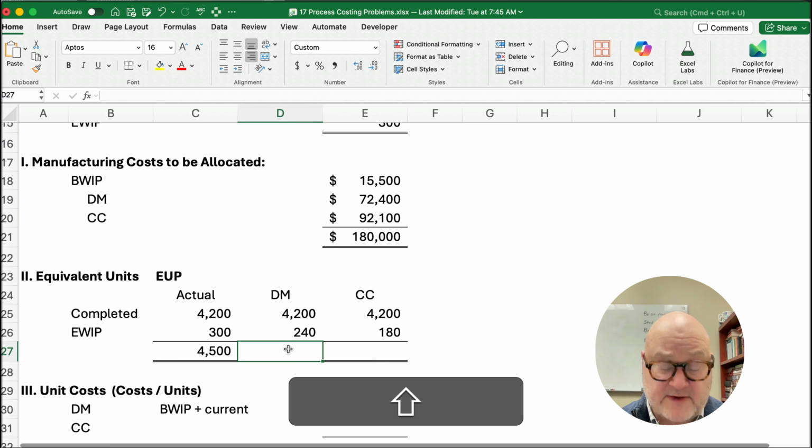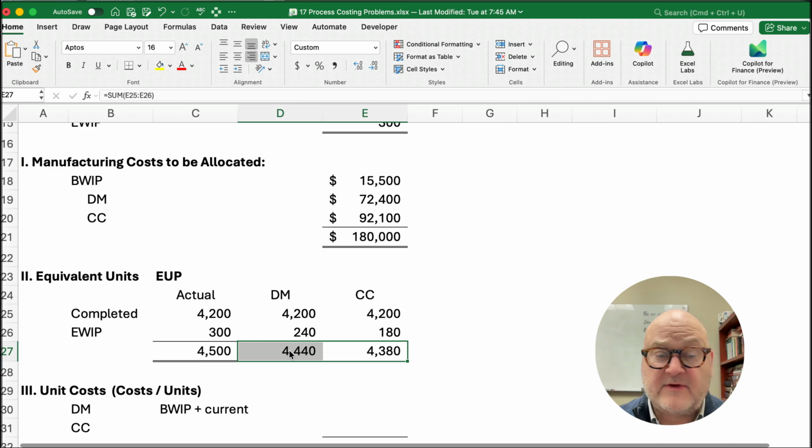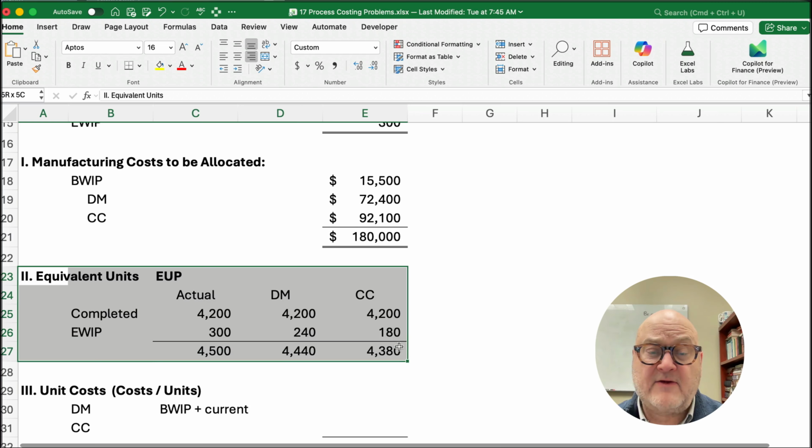So here's what we need to calculate. We need to calculate the total materials equivalent units, and that's 4,440. And for conversion costs, we did a little bit less work, 4,380. So the key for everything in process costing is the concept of equivalent units. We're trying to measure how much work we did.